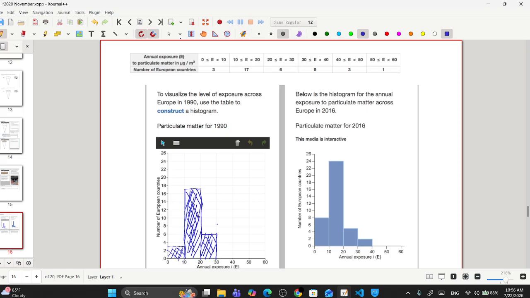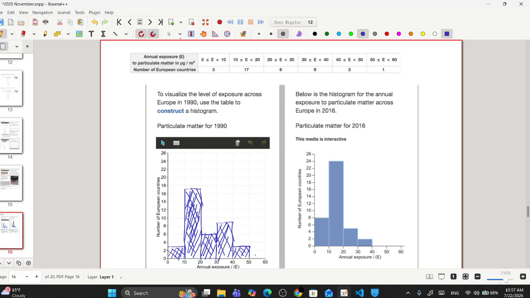And 1 country lies within the range of 50 to 60. So 1 is between 0 and 2, like this. Alright, I hope this makes sense. So that's how we're supposed to calculate and construct this histogram.